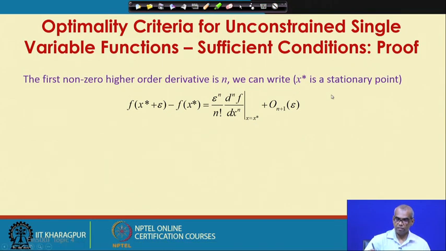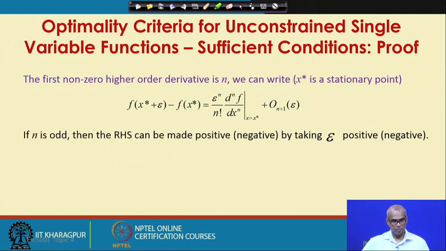So, we can write the expression as shown on the screen. If n is odd, then the right hand side can be made positive by taking epsilon positive, and it can be made negative by taking epsilon negative.